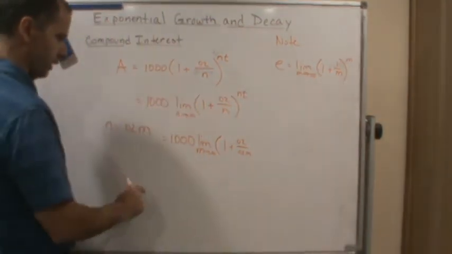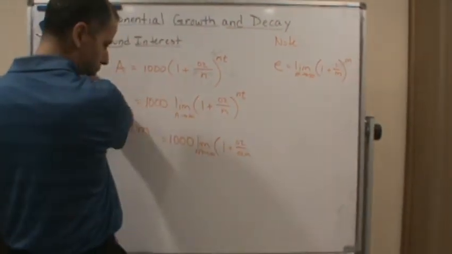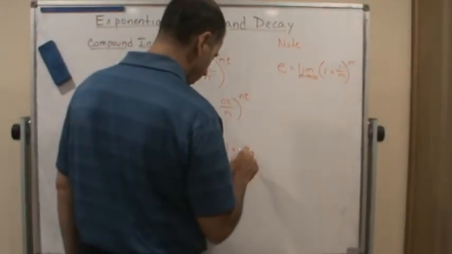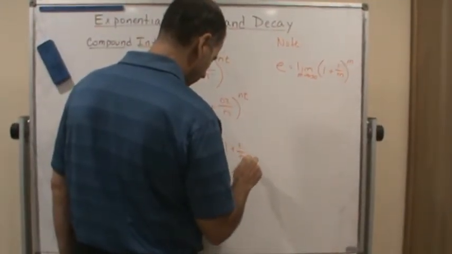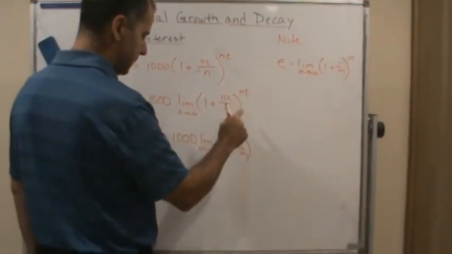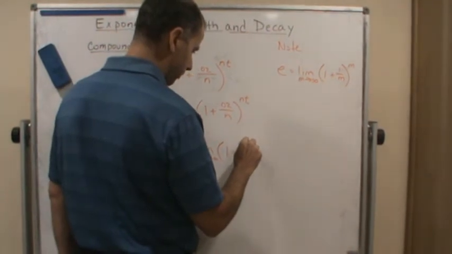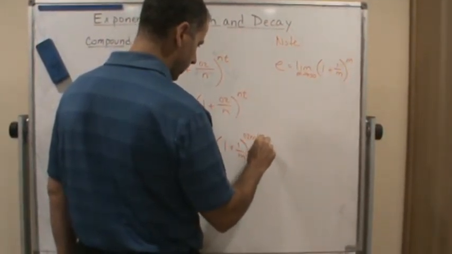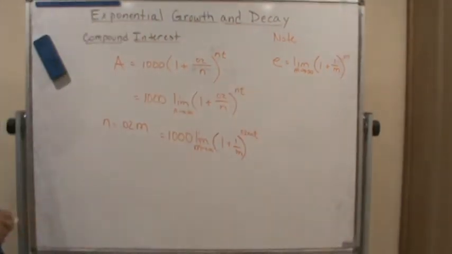I just substituted. And then this becomes what? Just 1 over m. Now, what happens up here? This becomes 0.02 mt, right?